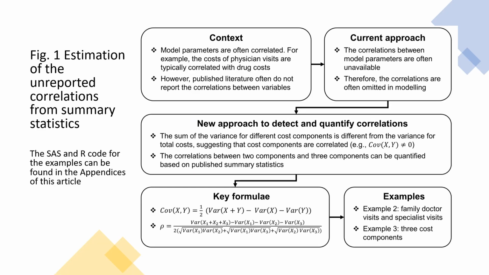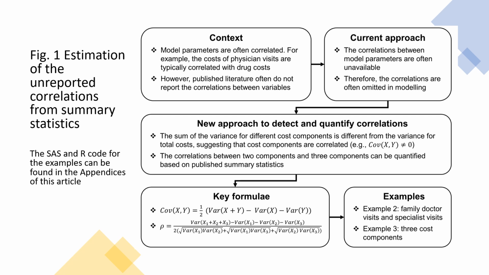This flowchart outlines the context and the proposed simplified method. Correlation and covariance are basic measures of the linear relationship between two variables. In this section, methods are illustrated for quantifying the covariance and the correlation coefficients of correlated variables based on published summary statistics.